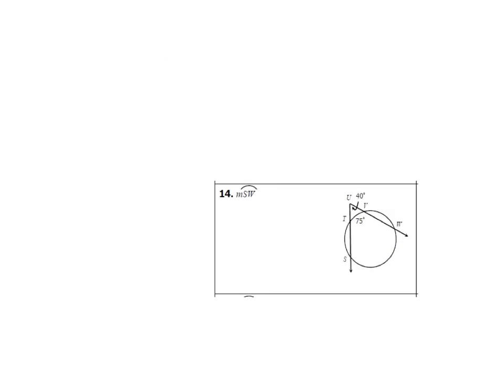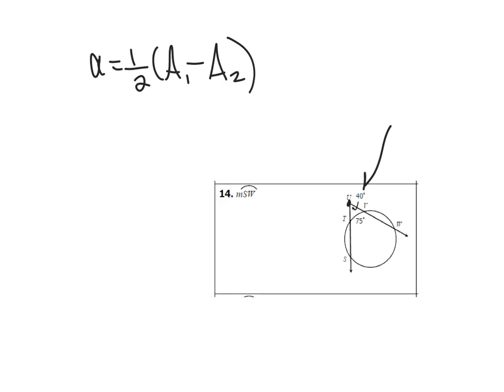This one, where is the angle? It's outside, so the angle, write the formula, is equal to half arc 1 minus arc 2. Since it's outside, we use a subtraction. Let's see what we can fill in. Do we know what the angle is? Yes, it is 40. Let's go ahead and write in 40. Next, we write in half arc 1. Do we even know what arc 1 is? No, we're going to call it x. It's the big arc, minus the smaller arc, which is 75.